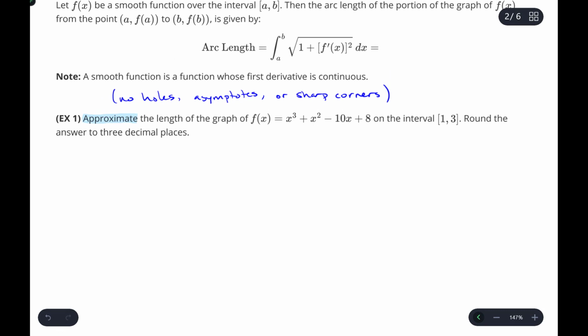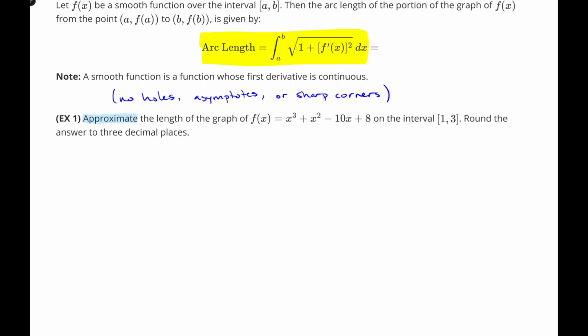As nice as the theory is for this arc length formula, the problem is it runs into an integral that is very often just not integrable. Square roots are very difficult functions to work with and integrate to get an exact answer. So a lot of times we just have to rely on approximation methods.